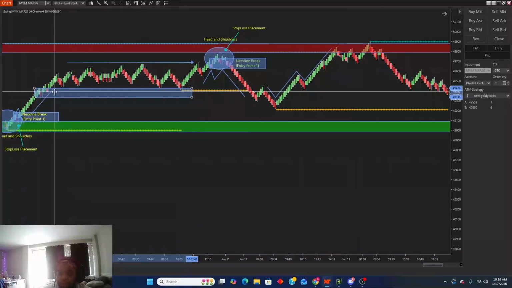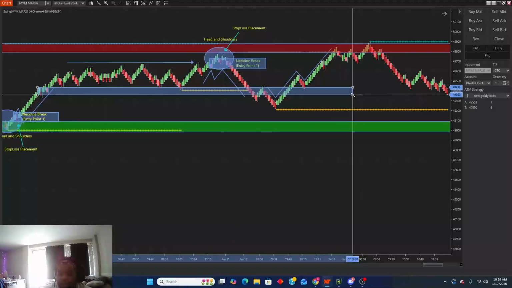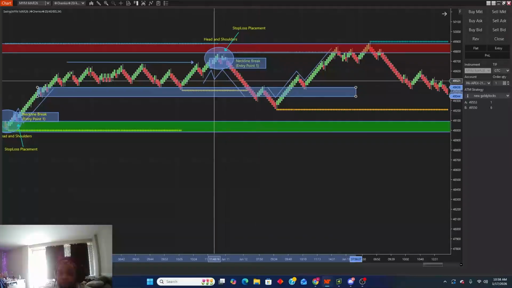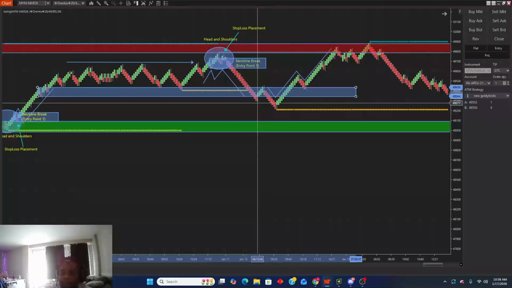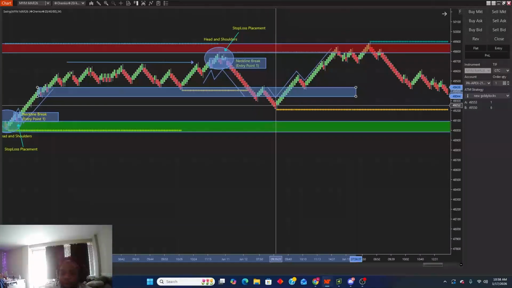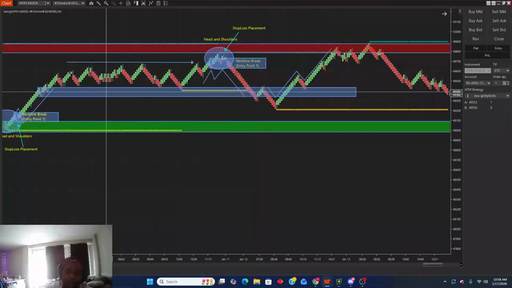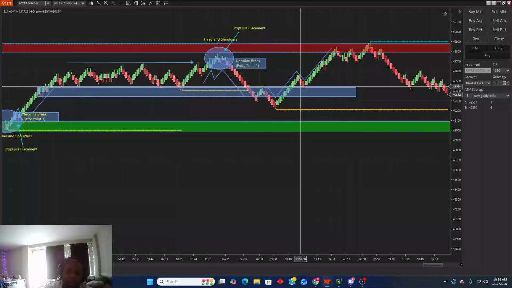It used, let's leave this box here. Used the structure break, retested it, came down more, decided this was enough, pushed up, and then used this same structure to bounce off of.